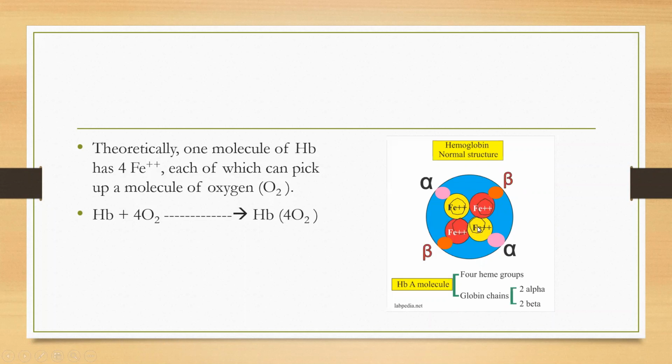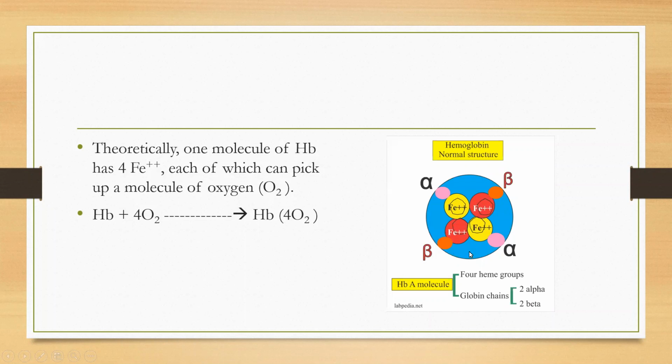Now this hemoglobin molecule basically has 2 alpha chains and 2 beta chains. This Fe can combine with one molecule of oxygen over here, another molecule of oxygen over here, a third molecule of oxygen, and a fourth.